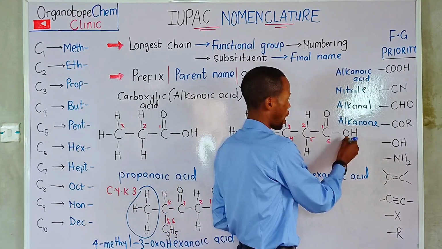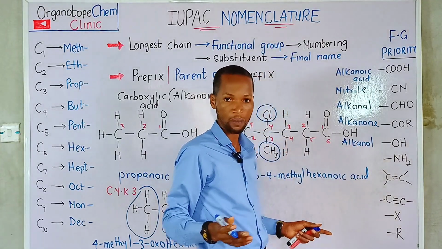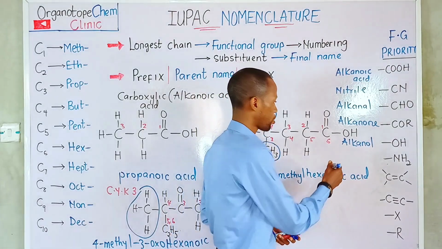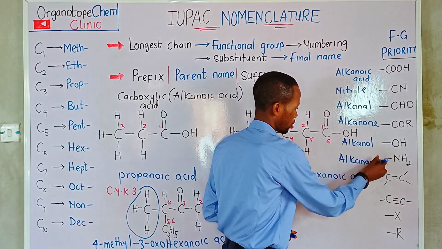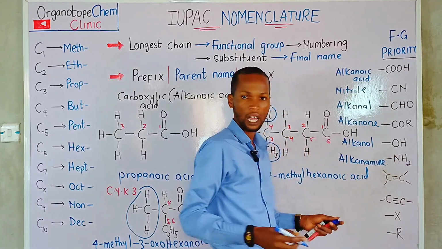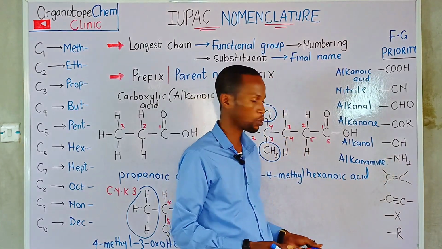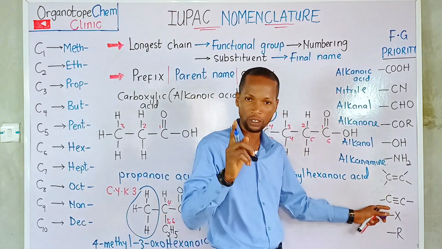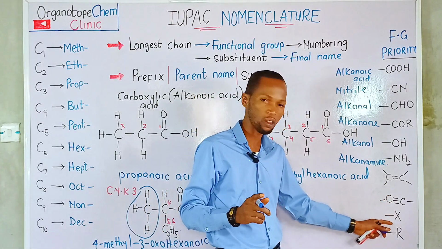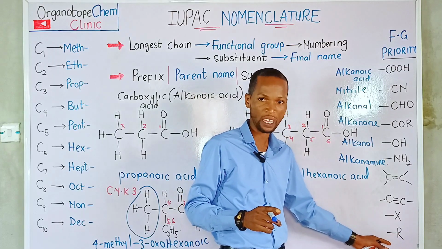Also, we have the alkanol functional group, which has the common name alcohol. Also, we have the alkanamide functionality, also known as the amide. Then we have the alkene functional group. Alkene functional group has priority over the alkyne. Take note of that. Then we have the halo group, then the alkyl group at the bottom right here.